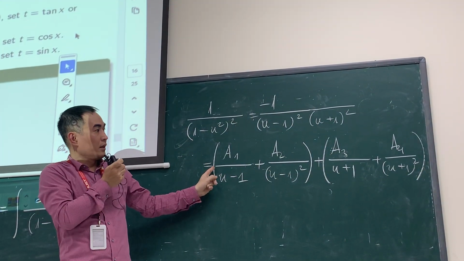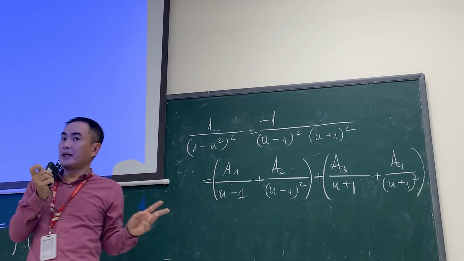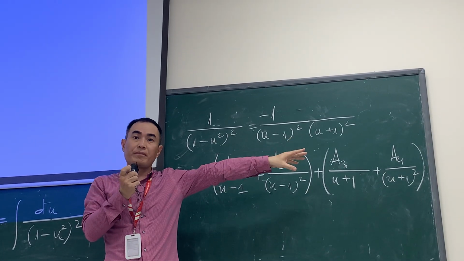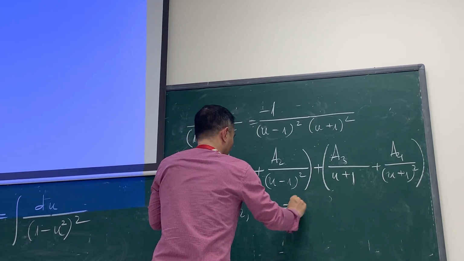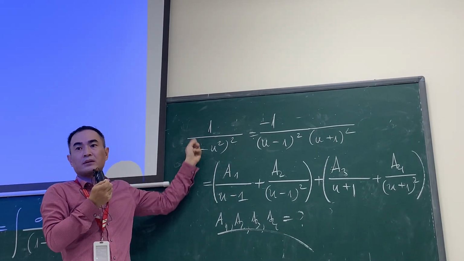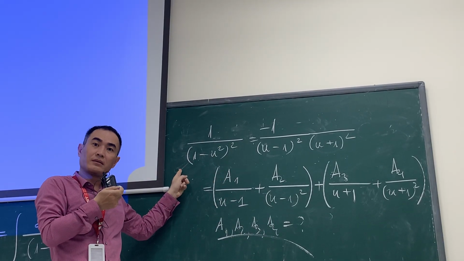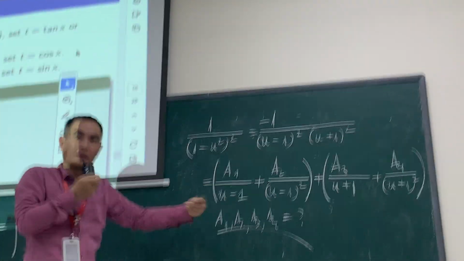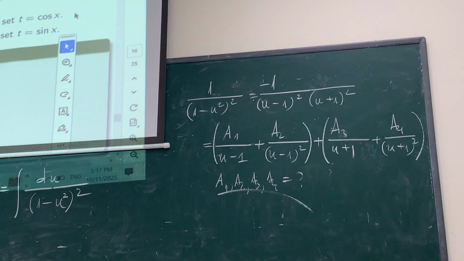From here we use the identity of two polynomials and we can find all coefficients A1, A2, A3, A4, which equal 1. When we express the proper rational function like this, you can estimate the integral.